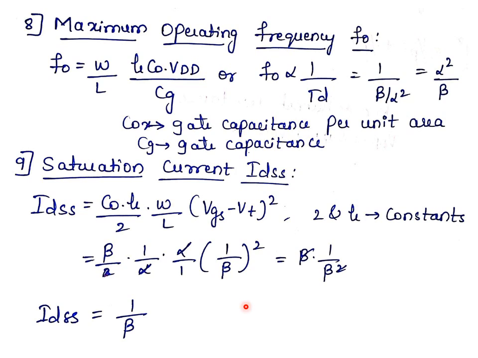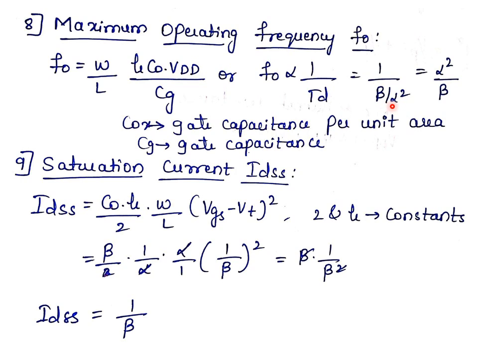Now the next one is maximum operating frequency F0. So here this F0 can be represented by two formulae. The first one is this and the second one is this. That is, F0 is inversely proportional to TD. So what is this TD? Gate delay, right? So this gate delay can be scaled by a factor of beta by alpha square, isn't it?